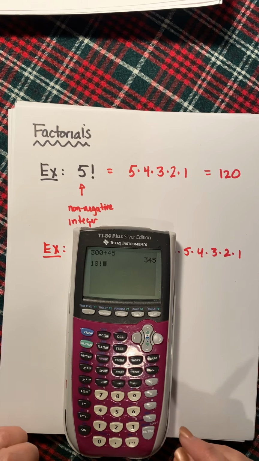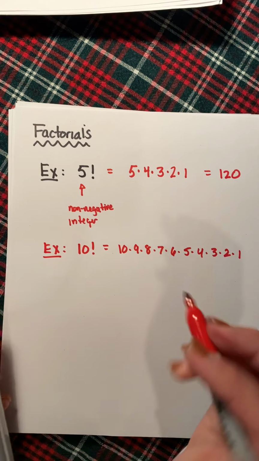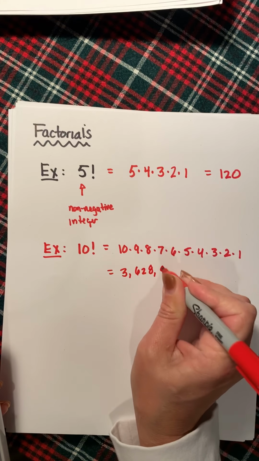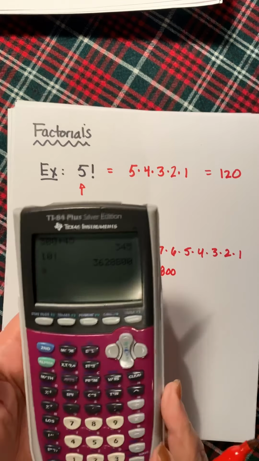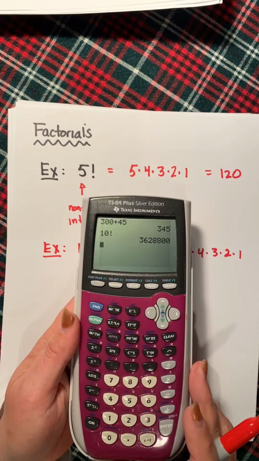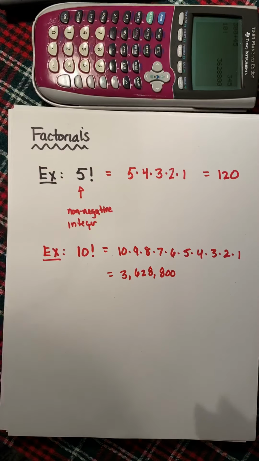I hit that, and it's 10 factorial, and I hit enter, and it tells me that it is 3,628,800. You don't need a graphing calculator to find that, but it's not a bad tool to have. We like factorials. They often appear in sequences and series, so it's not a bad idea to get familiar with them.